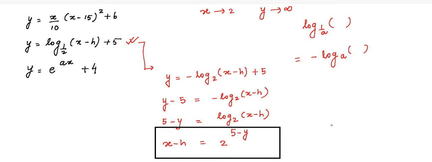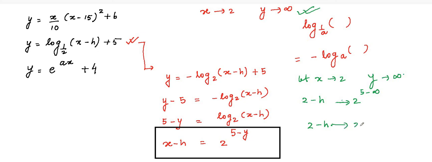Right, this is important. Now let us use this concept that I discussed. Let x tend to 2 and y tend to infinity. So you can see 2 minus h will be, approximately, tending to 2 to the power 5 minus infinity. I cannot write equal to, my bad, it is tending to 2 to the power 5 minus infinity.